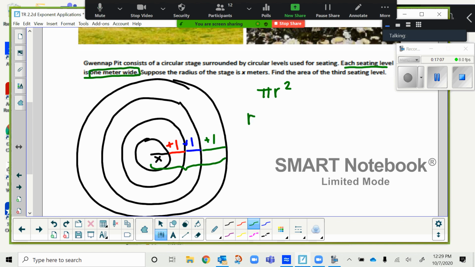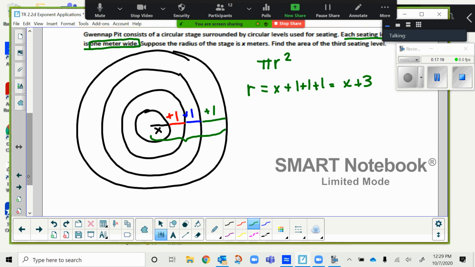So the radius equals x plus 3. And so now that that's our actual radius, we can plug it into that r right there and have pi times x plus 3 squared.